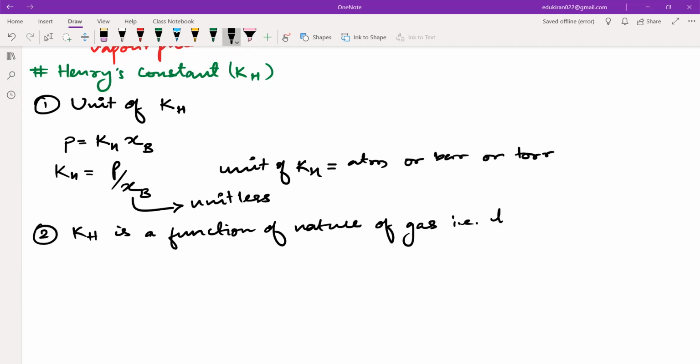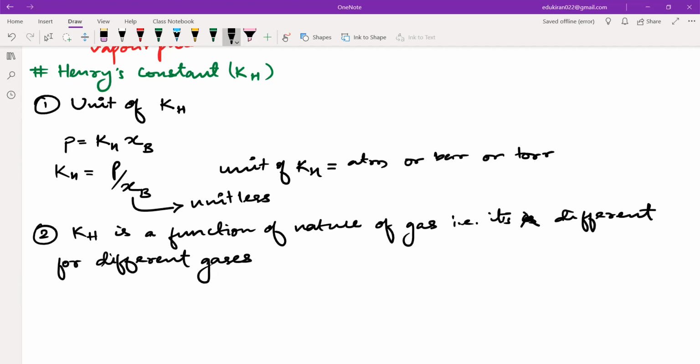That is, its value is different for different gases.